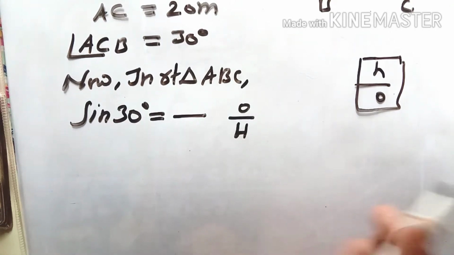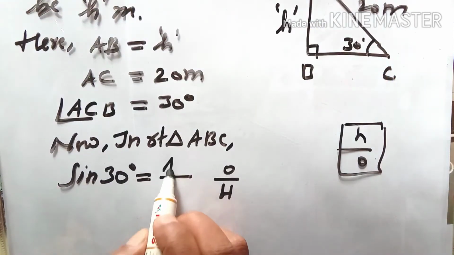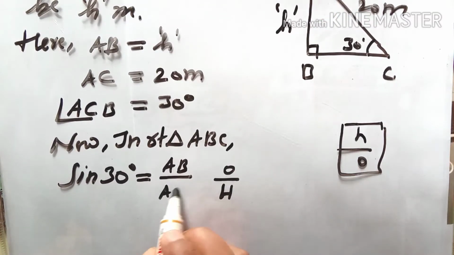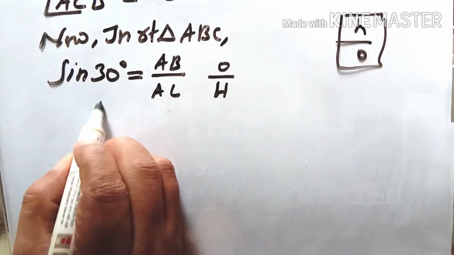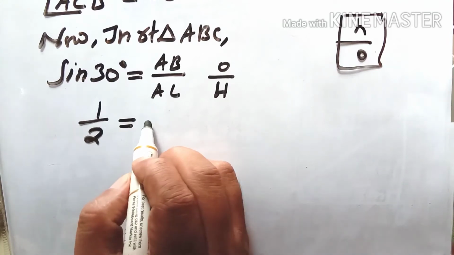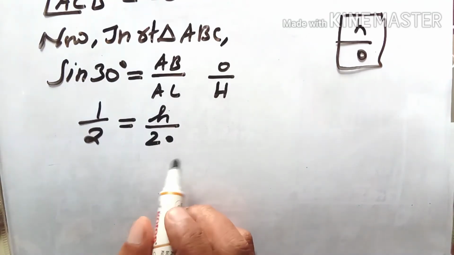So opposite side, so opposite of 30 degree we have AB. So we have here AB, hypotenuse side which is AC. Now we can substitute. Sine 30 degree value is 1 divided by 2 equals AB unknown, so we have labeled small letter h, AC the length of the rope 20.